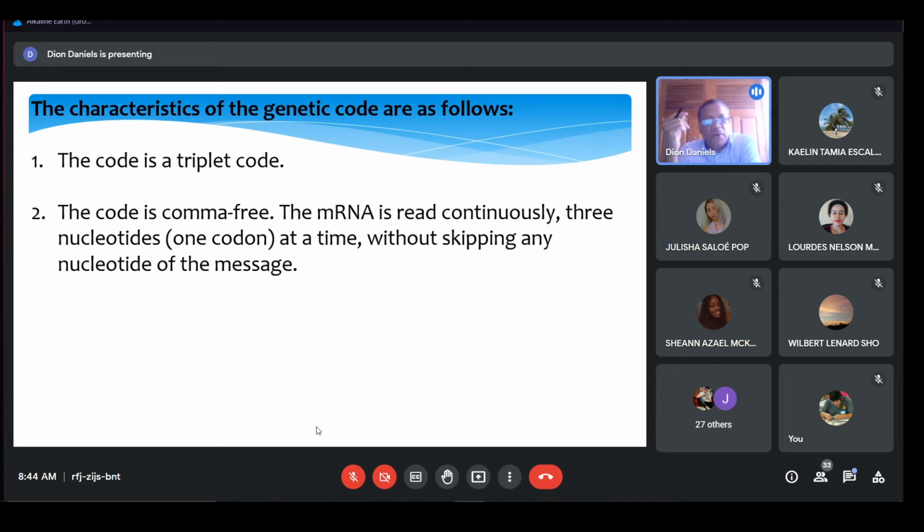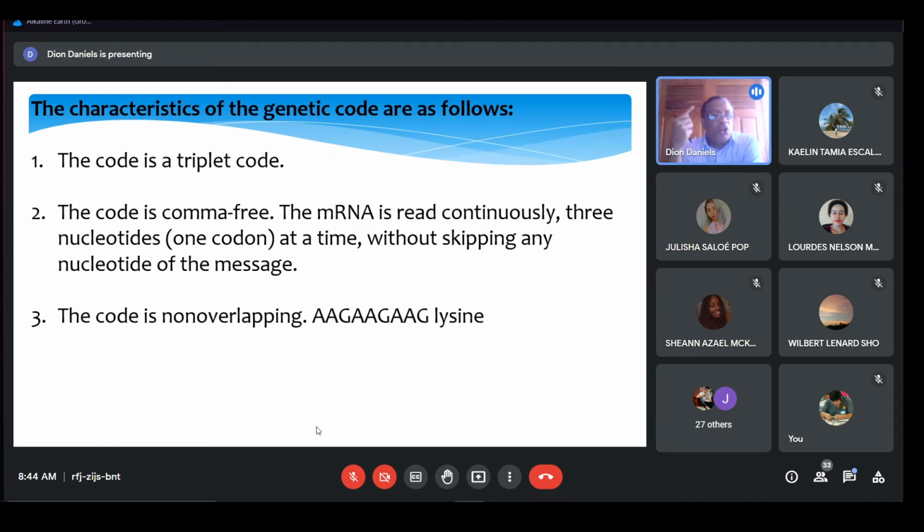So the messenger RNA is read continuously, 3 nucleotides, which is equivalent to 1 codon at a time, without skipping any nucleotide of the message. It will not omit any of these bases. As soon as it reads the first 3, then it reads the next 3, then the next 3, and so on. It will not miss any of the bases.